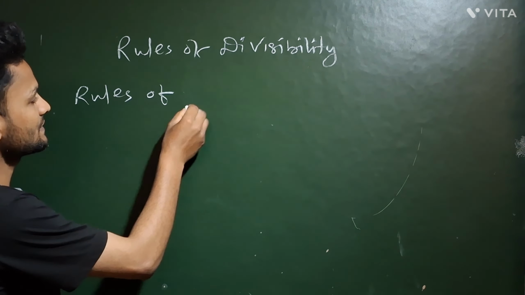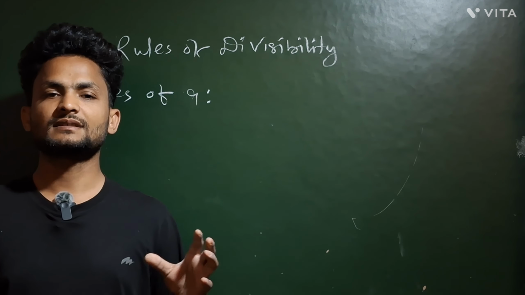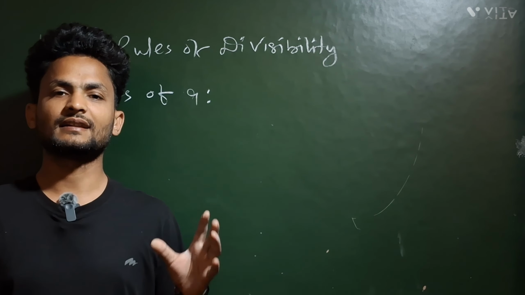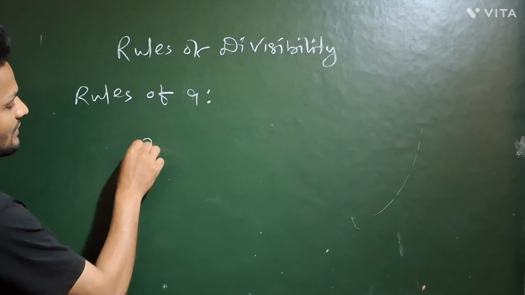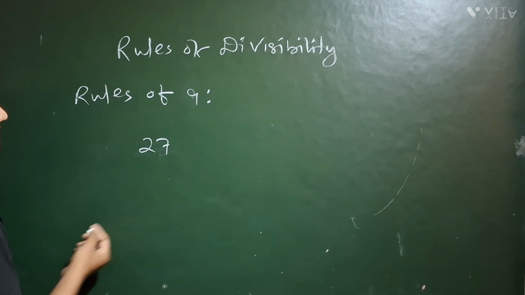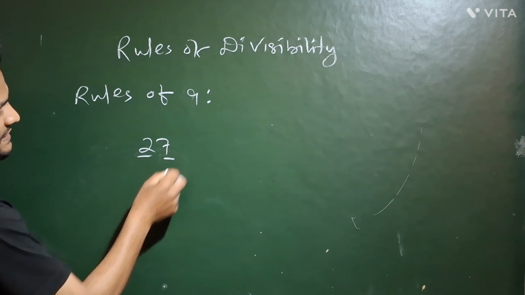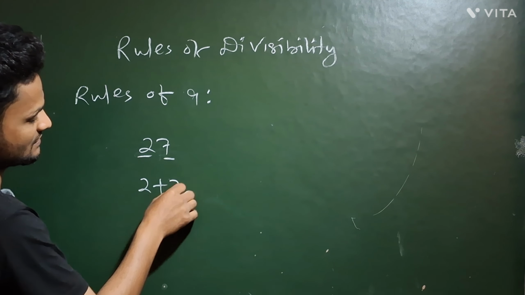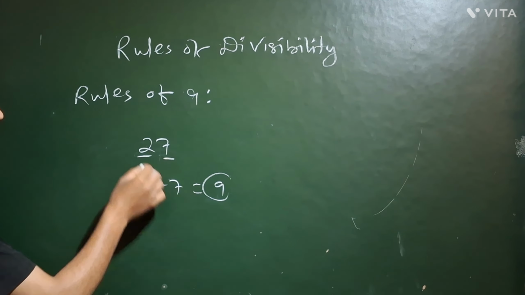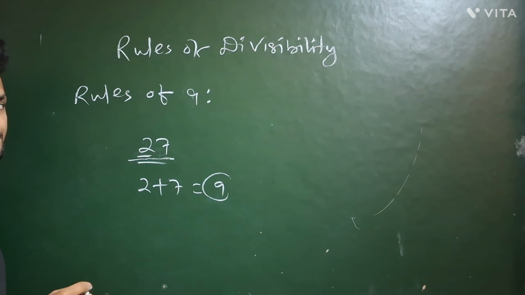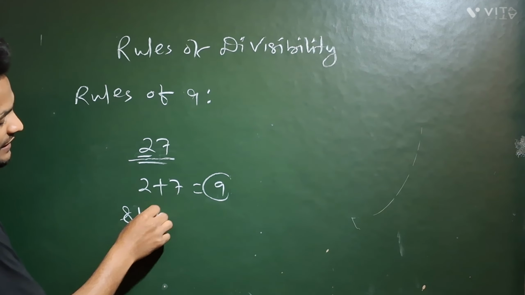Okay. Rules of 9. If the summation of all digits in a number is divisible by 9, then the whole number is divisible by 9. For example, 27. In this number, digits are 2 and 7, and 2 plus 7 is equal to 9, and 9 is divisible by 9. That is why this number is divisible by 9. Similarly, 819.